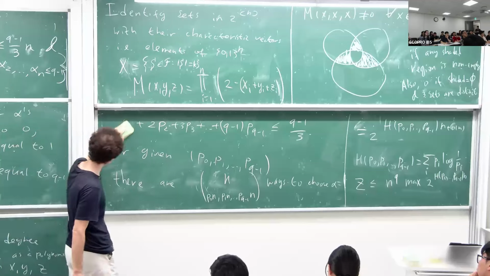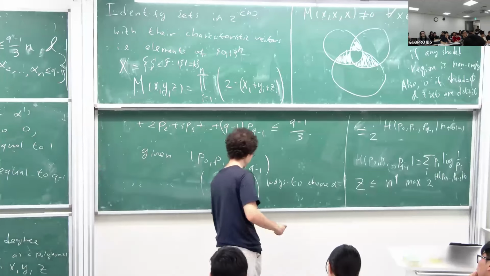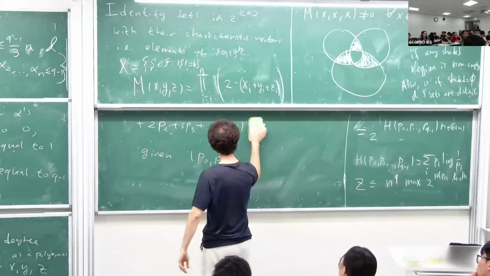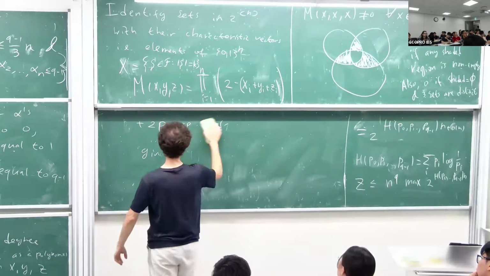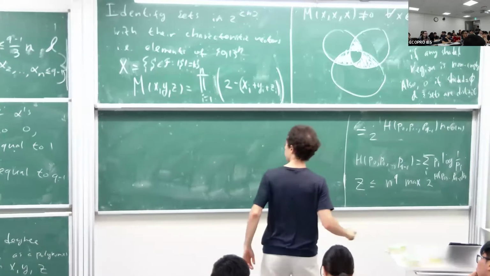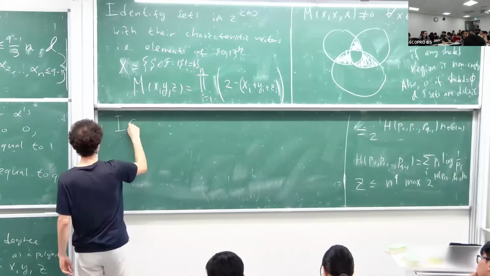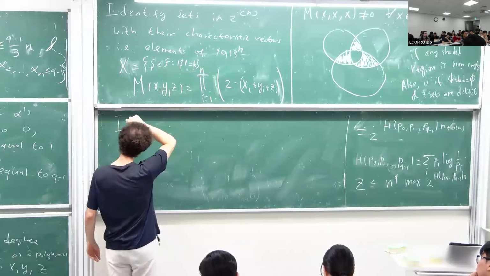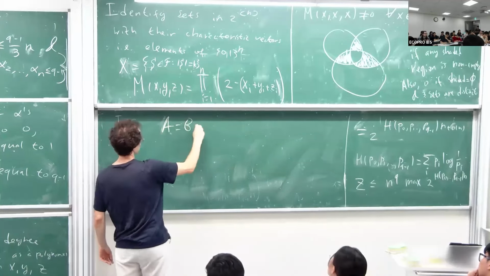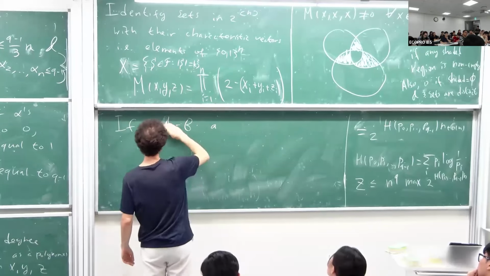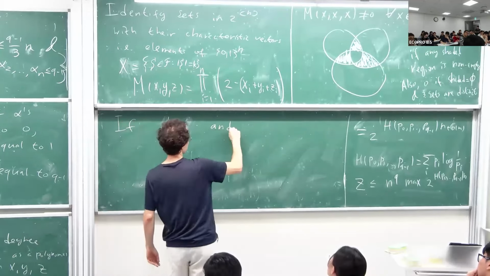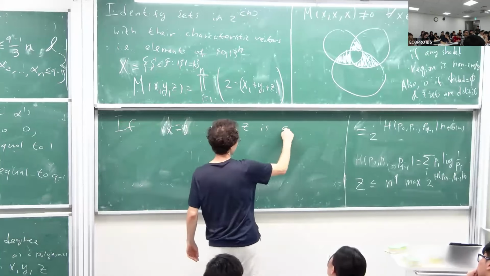Okay, so now next what we need to do is, what if 2 sets are the same size? And so if 2 sets are the same and the third one is different. Say we got 2 sets the same, so x is not equal to y, and z is another set.